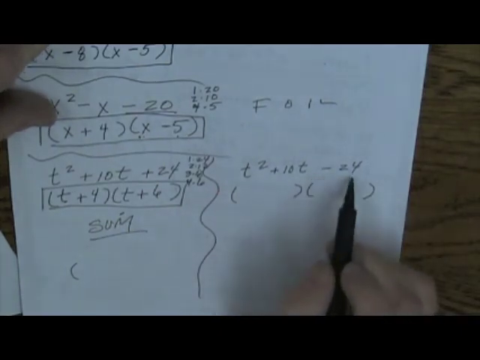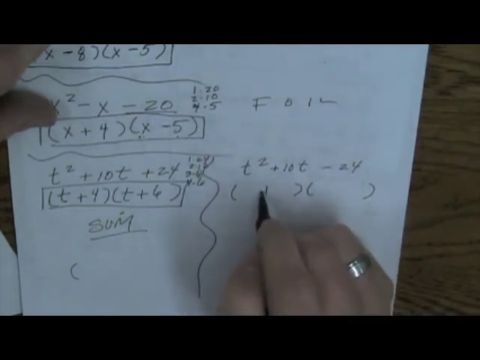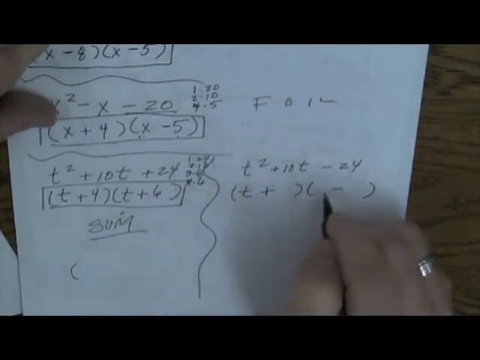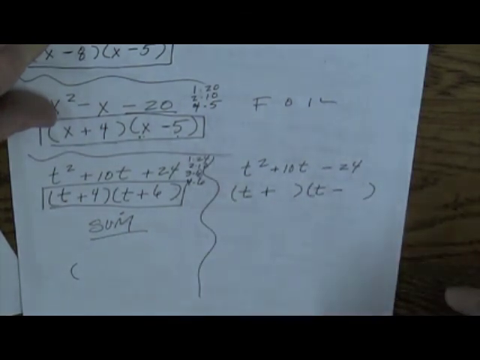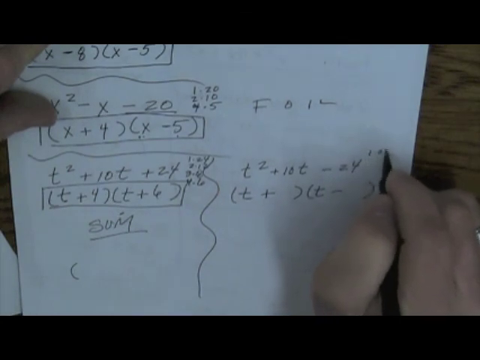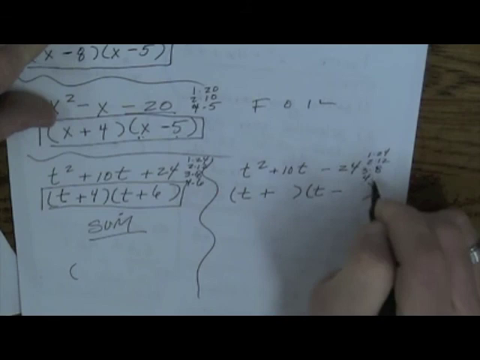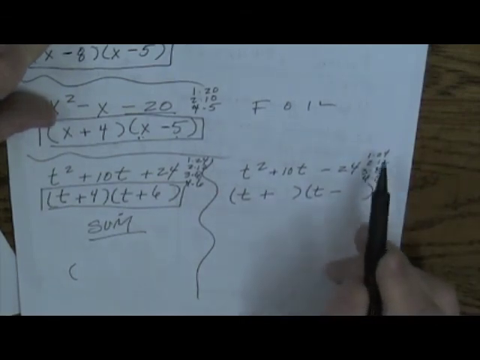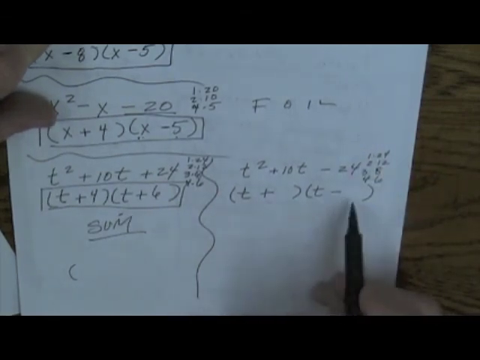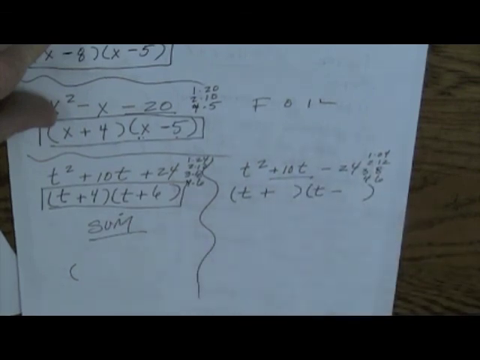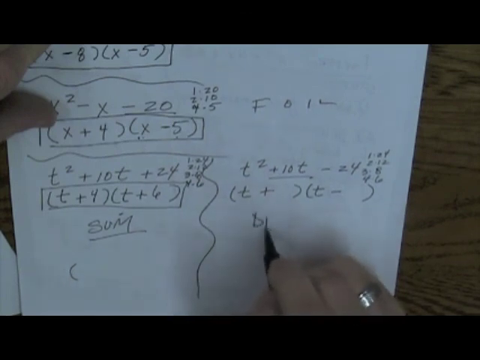All right, but look over here when there's just a simple change of a sign. It's going to be mixed. One's going to be positive, one's going to be negative. So you have t here and t here. You're going to factor this: 1 and 24, 2 and 12, 3 and 8, 4 and 6. Since the signs are opposites, you're finding 2 factors of 24 whose difference is 10.